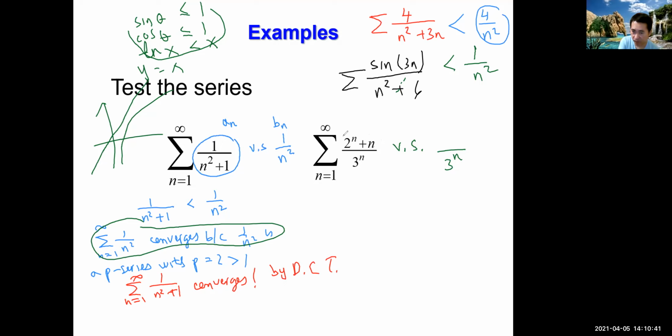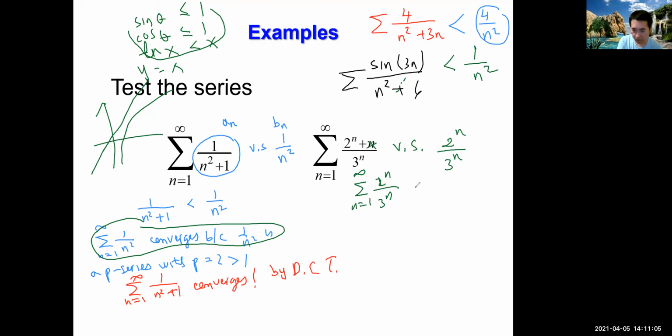Don't forget the exponential function is growing to infinity really quick. That's more dominant. That means I drop the n, and I have 2 to the n over 3 to the n. And ask myself, what do we know about this series?